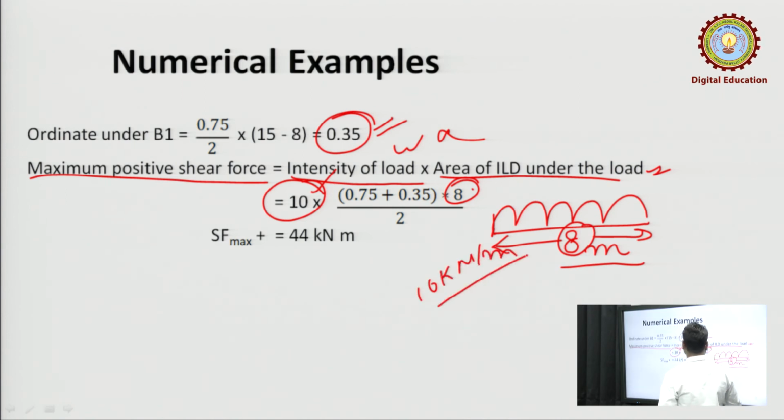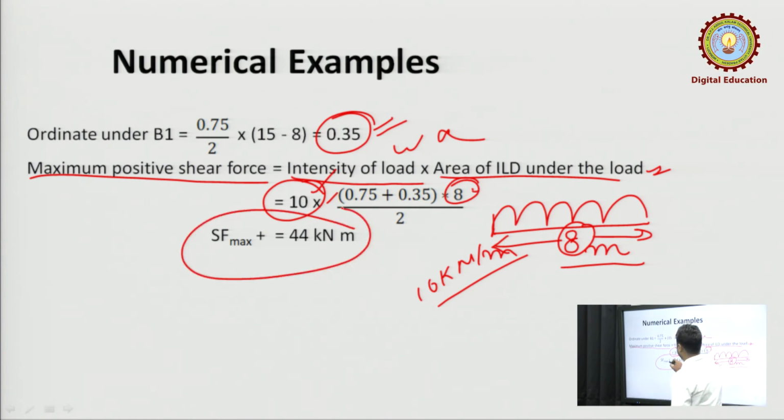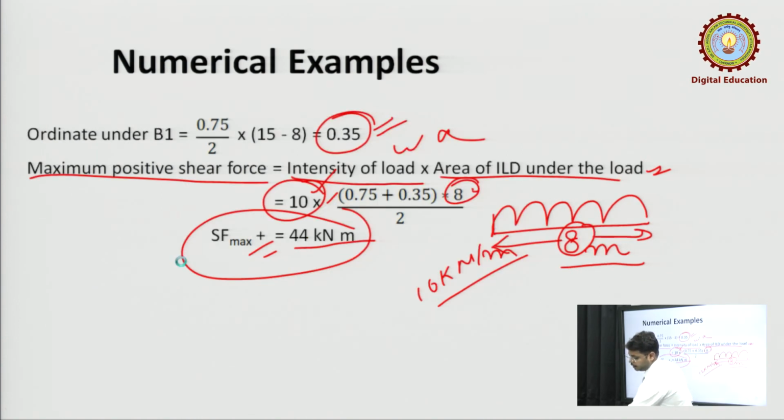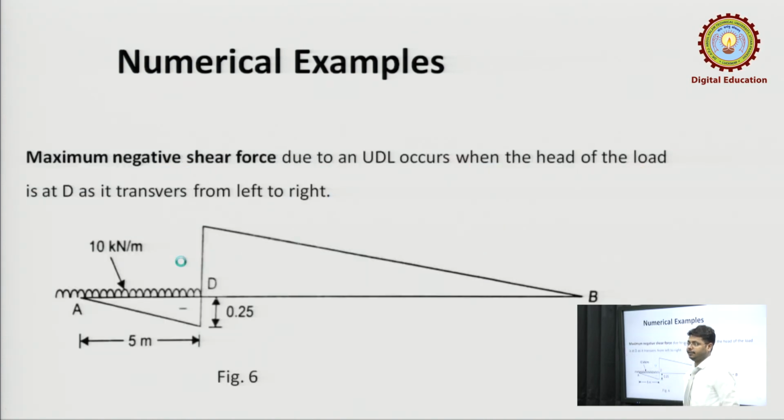After getting these values, we find the maximum positive shear force, 44 kilonewton meter, and we can put this value here. This is your 40 kilonewton meter.